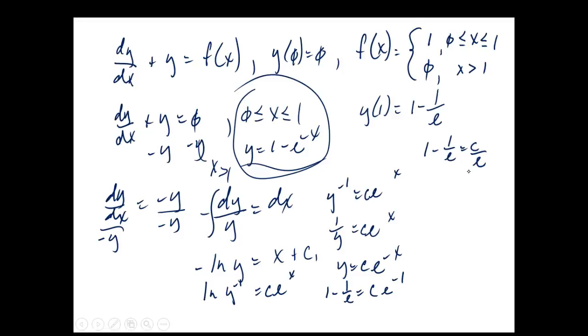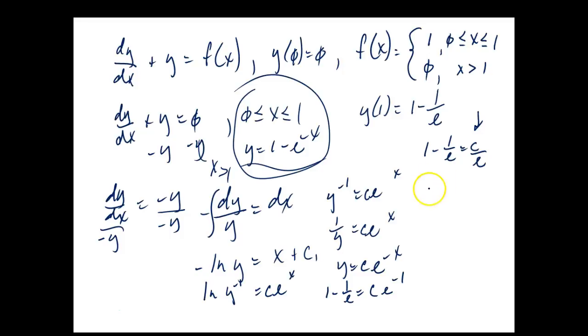First thing I'd do is multiply both sides by e, right? Solve for c. Or make that 1 as e over e and subtract it. Or get the common denominator with the 1 and subtract it. Well, that's what I was kind of doing. If you multiply both sides of the equation by a common denominator, you kind of do that.